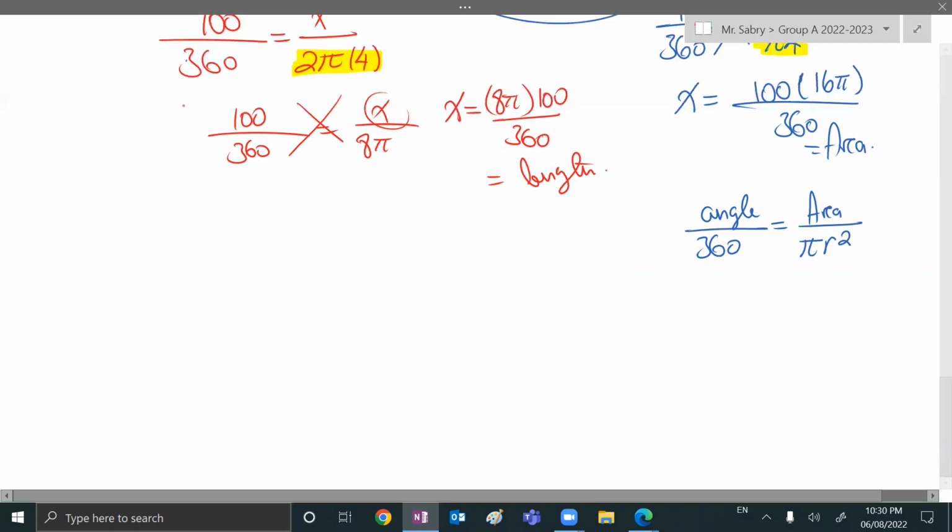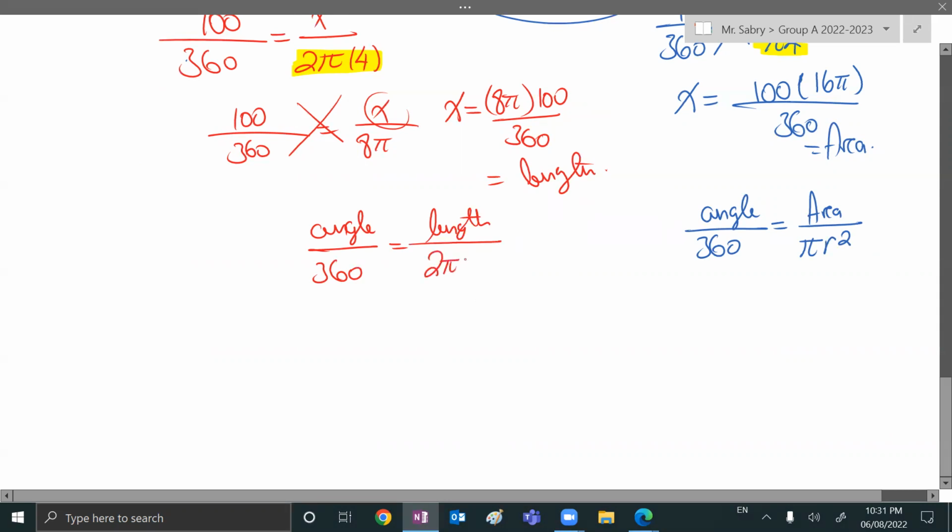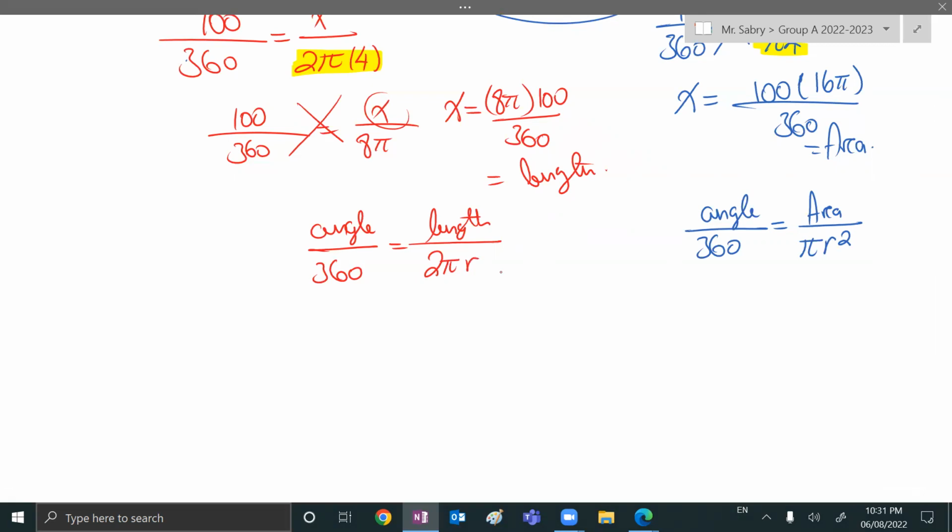While if you'd like to find the length, then again angle over 360, but now it equals the length I want over the circumference of the circle, which is 2 pi r. Do you understand the difference a bit or not? That's the rule we use. Okay, everyone?